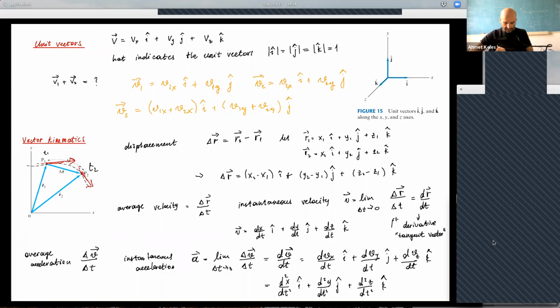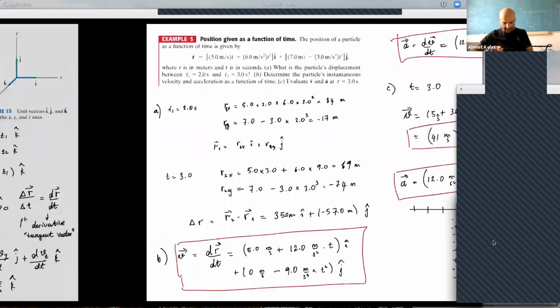The a vector is again the derivative, but the derivative of v. We can do it component by component: dvx/dt, dvy/dt, and dvz/dt. And using the result we just found, the first derivative of velocity is the second derivative of position: d squared x by dt squared i hat, d squared y by dt squared, and so on.